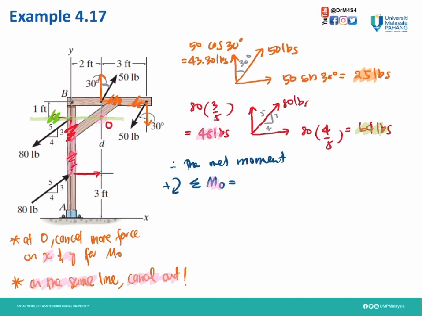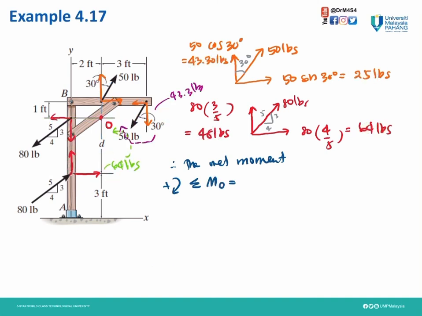Then this force with magnitude of 43.3, we can cancel it out because it's in line with point O. So now just this force and this force are left. The magnitude for this one is 43.3 pounds, while for this one it is 64 pounds.